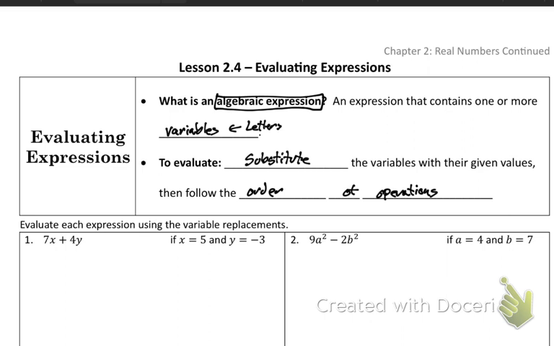So if you did what you were supposed to do, and you went home and you did your homework, this part's going to be pretty easy for you. Today is going to be pretty easy for you. Because today, I'm just giving you an expression. We got to plug in some numbers, and then we just need to solve it.